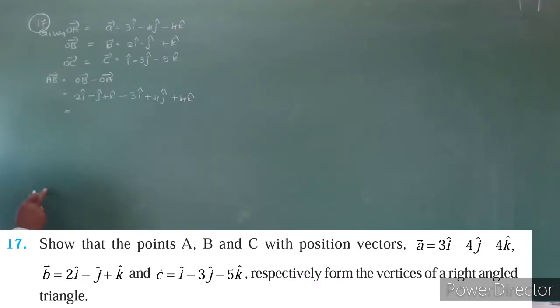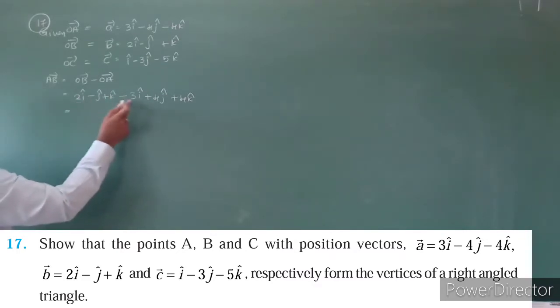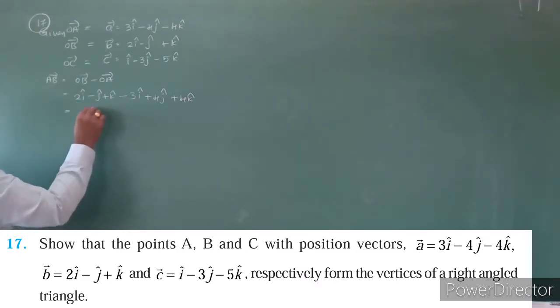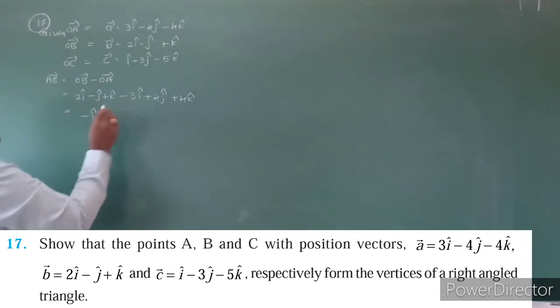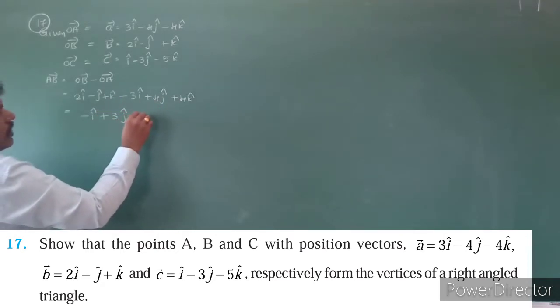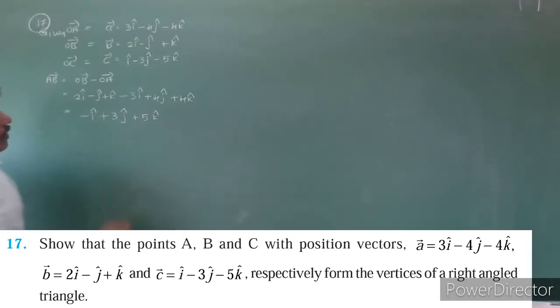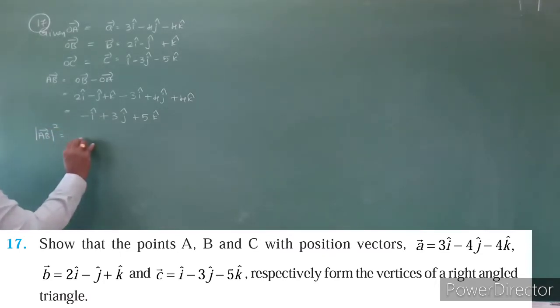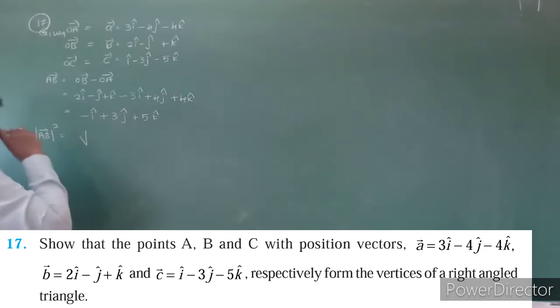Just add the terms here: 2i minus 3i is minus i, minus j plus 4j is 3j, and k plus 4k is 5k bar. So next I will calculate mod AB bar whole square. Mod AB is nothing but the square root of x square.